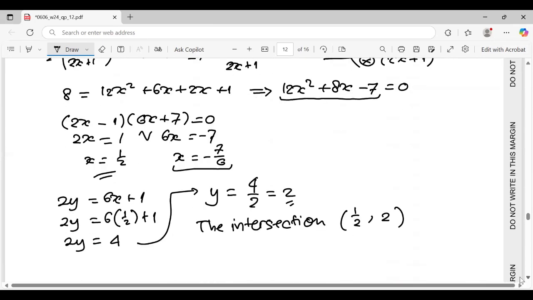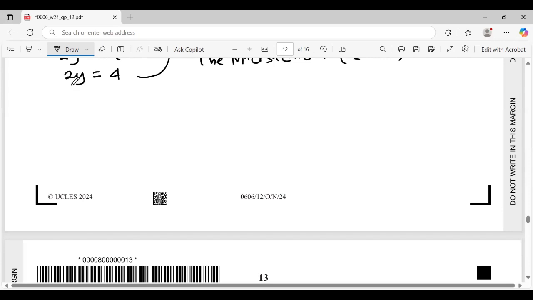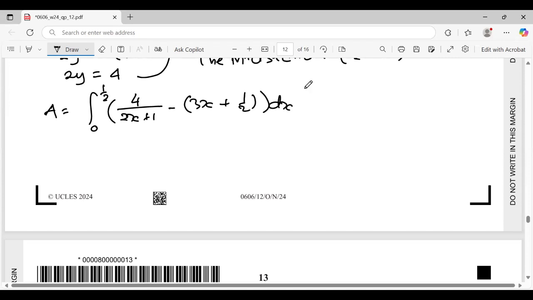It means the area is the integral from 0 to 1 half of 4 over 2x plus 1 minus 3x plus 1 half dx.